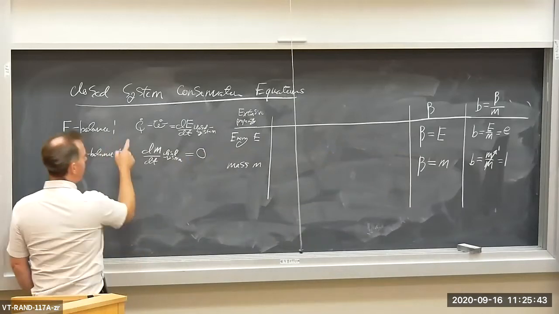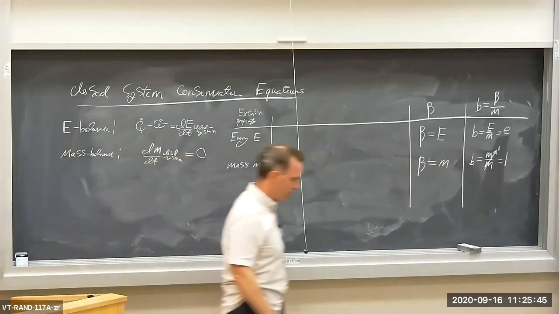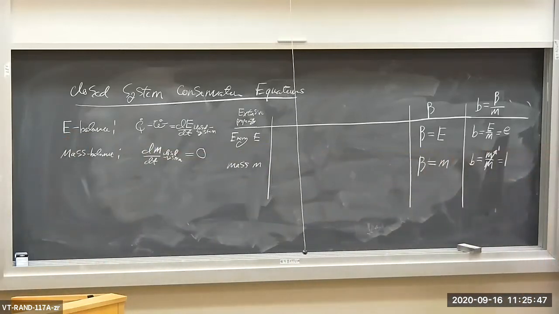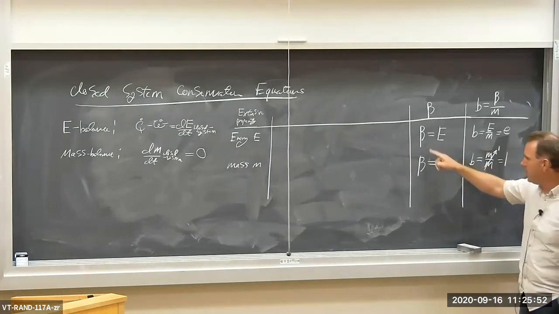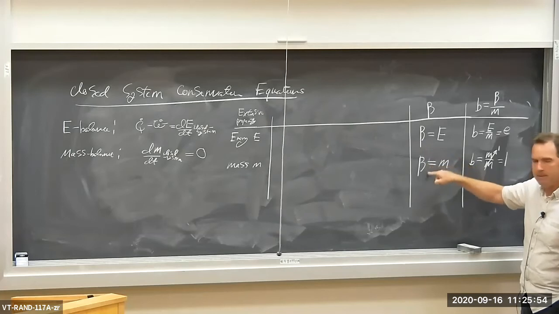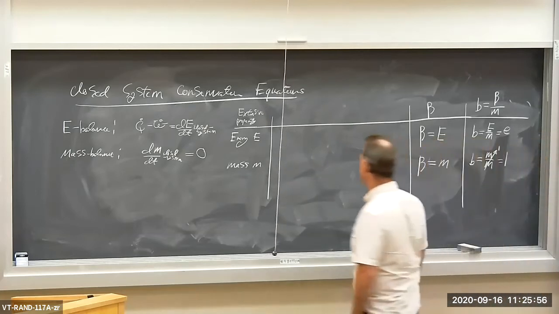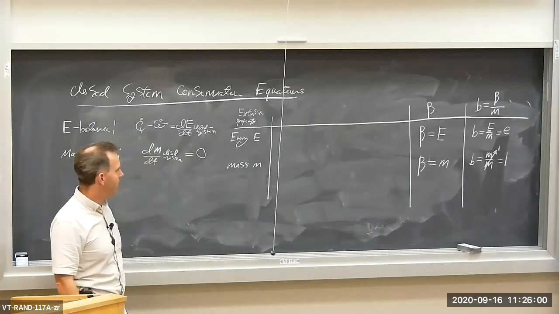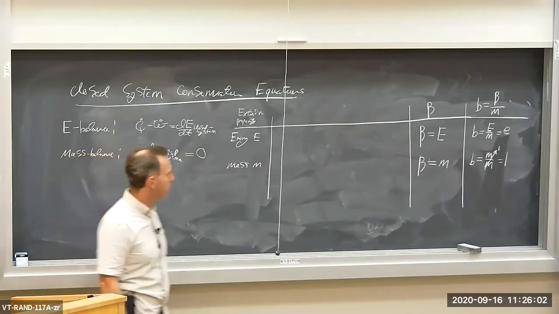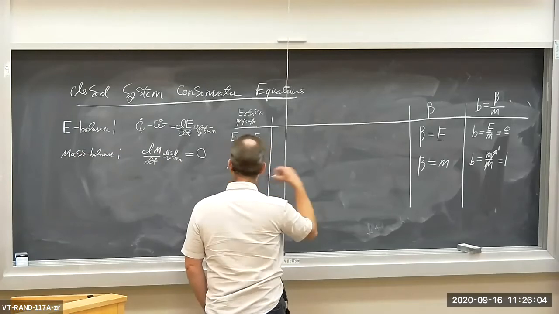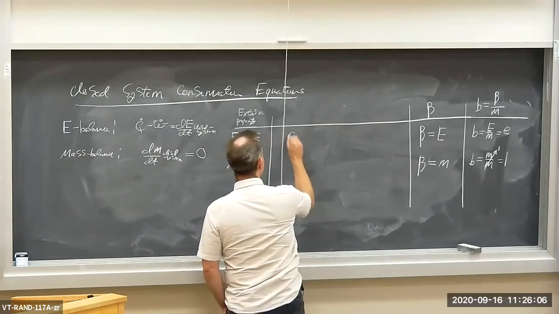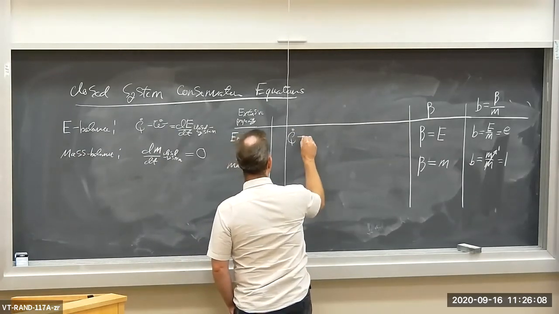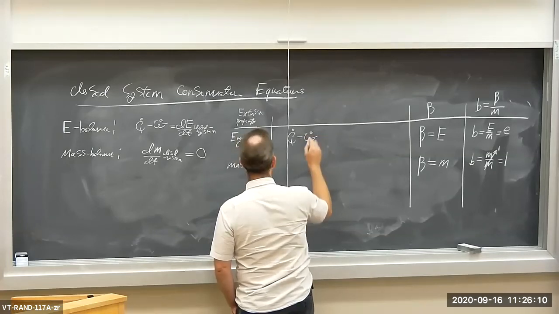Now let me write down my balance equations, my energy and my mass balance equation in terms of the property beta here. Okay? My generic extensive variable, or property, beta. Let's see here. So I have Q dot minus W dot.